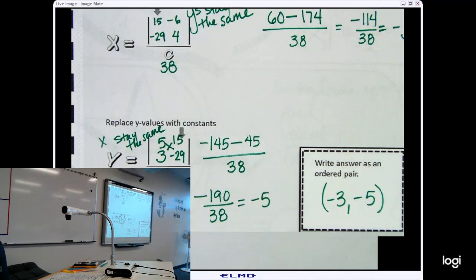The first handful of problems on this assignment are just find the determinant. But I would like to do one more problem together. Okay, we're not going to fill all that in. We're just going to solve the problem.